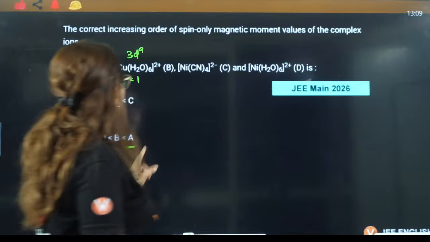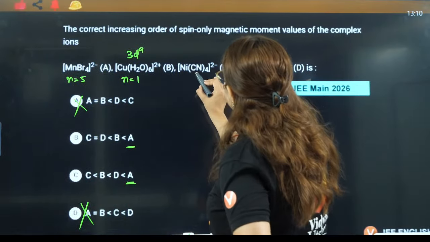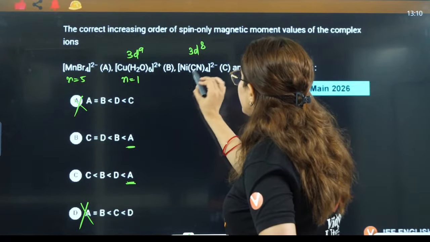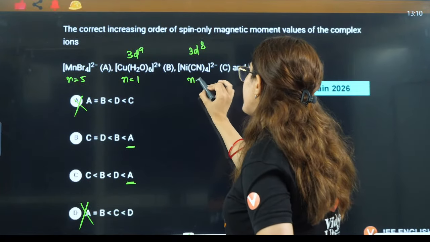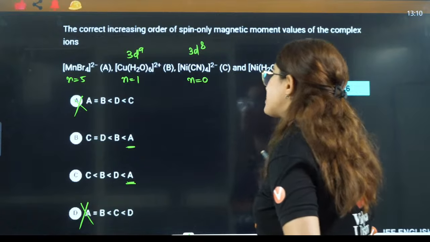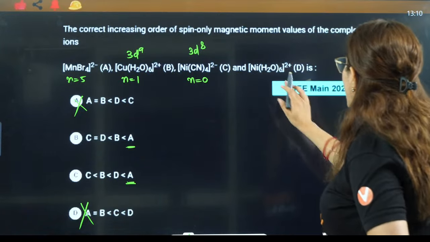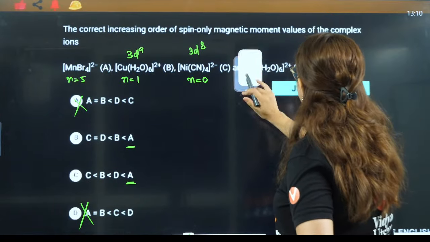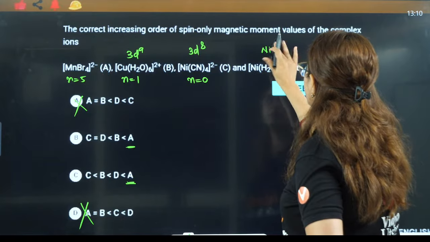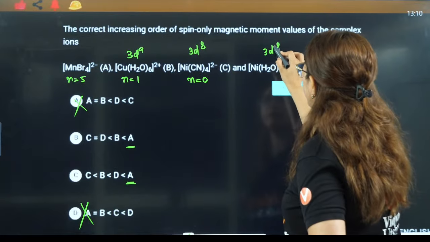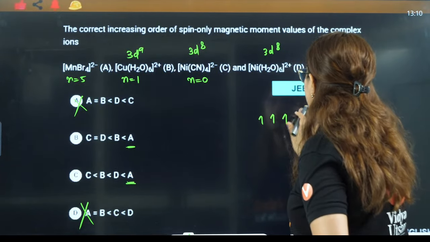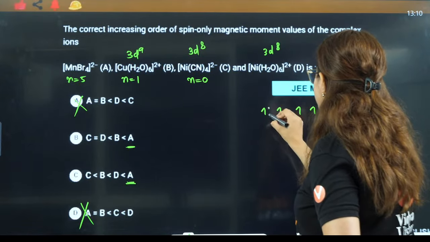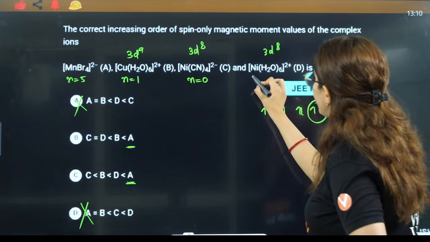If I talk about C here, this is nickel +2. Nickel +2 means 3d8. Strong field means the number of unpaired electrons is 0 here. So C is going to have the minimum. And D is nickel again. Nickel is again 3d8, but weak field ligand means 1, 2, 3, 4, 5, 6, 7, 8, so you have 2 unpaired electrons.